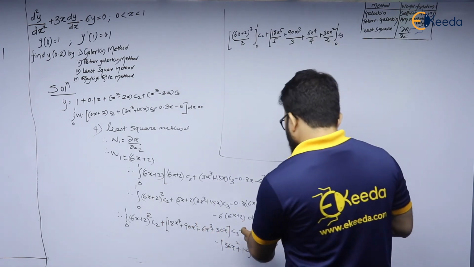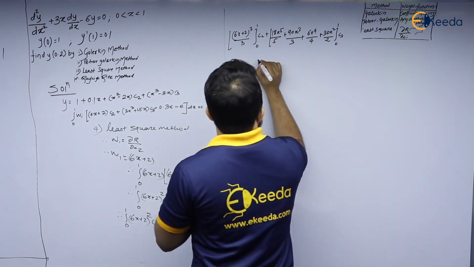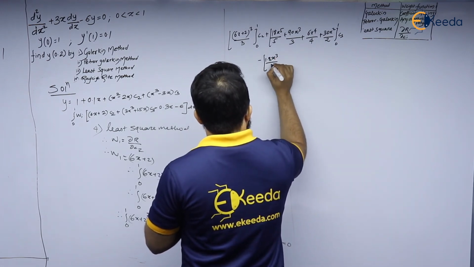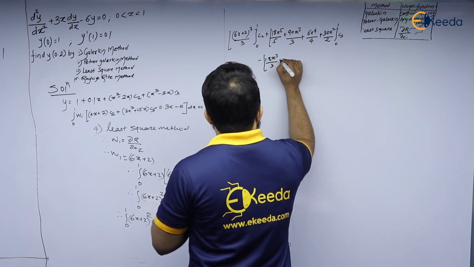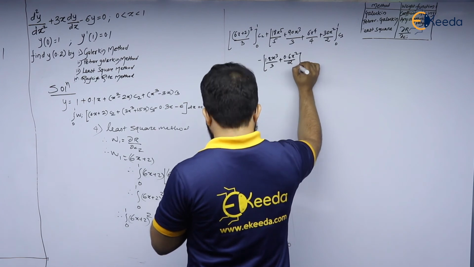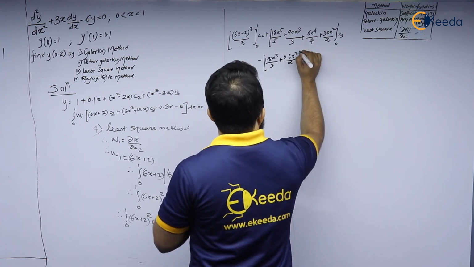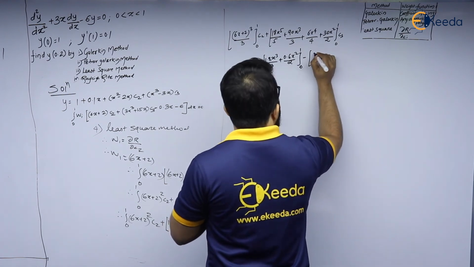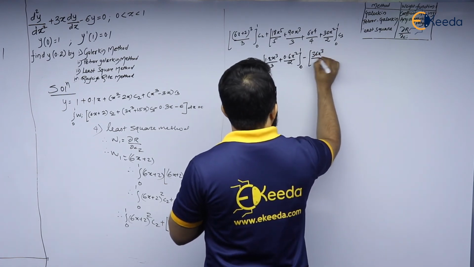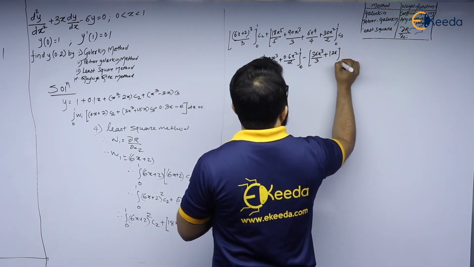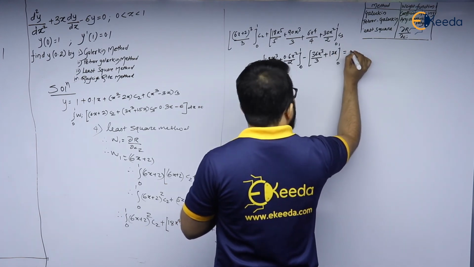So the next step will be the integration of this term: minus 1.8x^3 upon 3 plus 0.6x^2 upon 2, this is 0 to 1, minus 36x^3 upon 3 plus 12x, 0 to 1 is equal to 0.